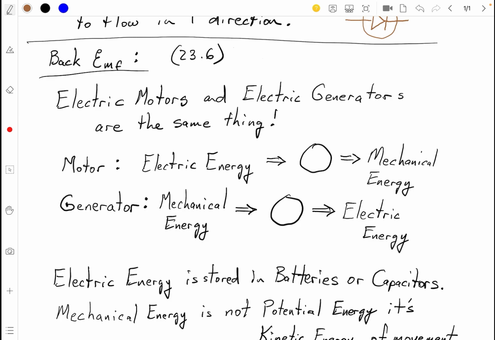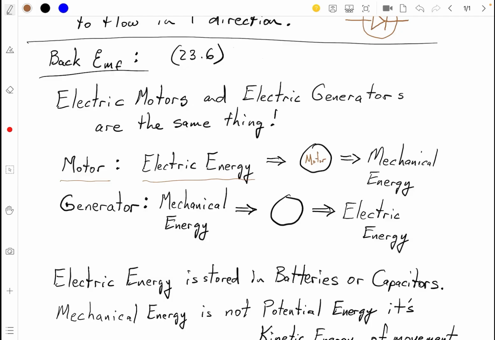They're the same thing, only one goes one way and the other goes the other way. We have motors that have electrical energy stored in a battery or a capacitor or something, and they send that energy into our motor. Here's our motor.